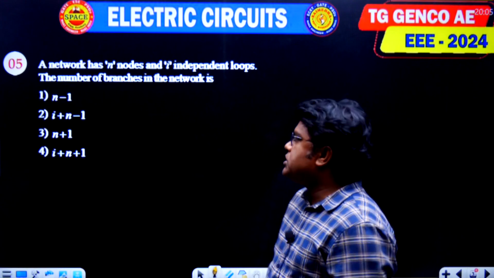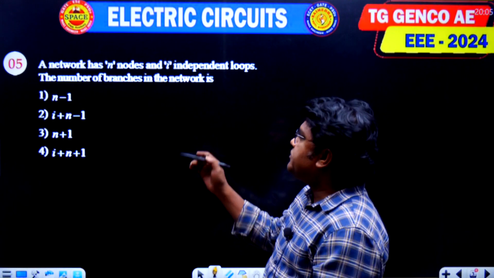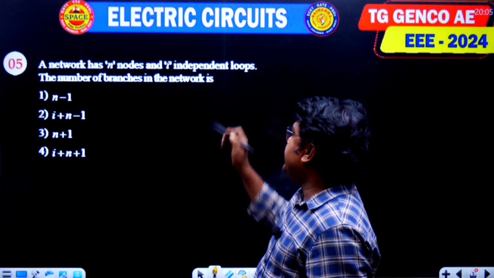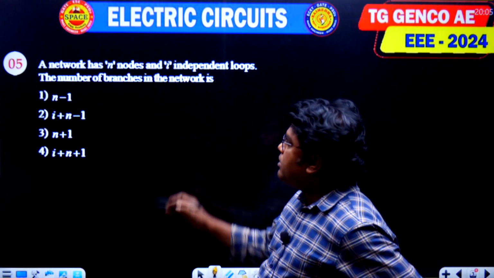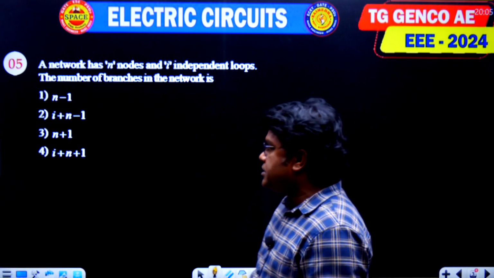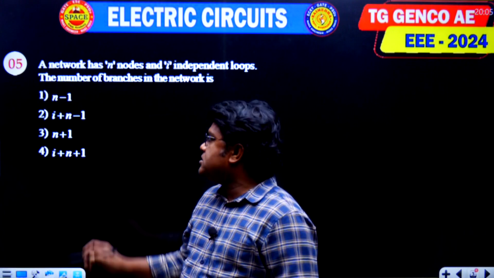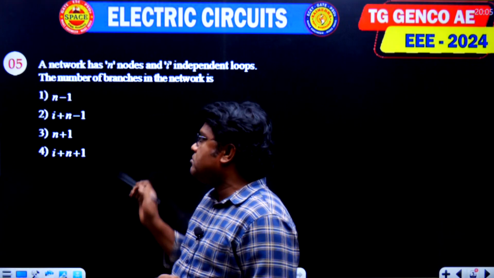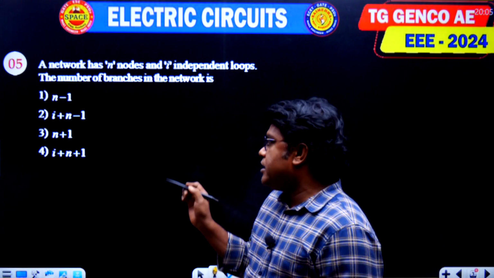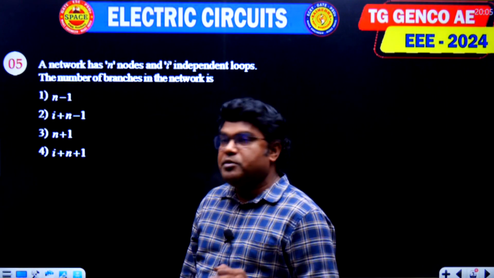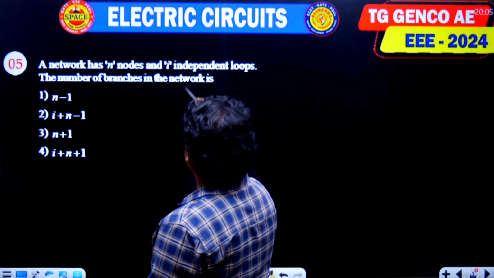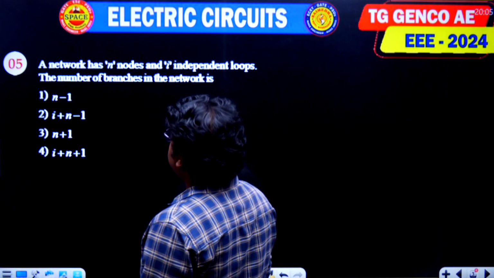Let us solve question number 5. The network has n nodes, I independent loops, and the number of branches in the network is: option 1 n minus 1, option 2 I plus n minus 1, option 3 n plus 1, and option 4 I plus n plus 1. Independent loop means the number of meshes.